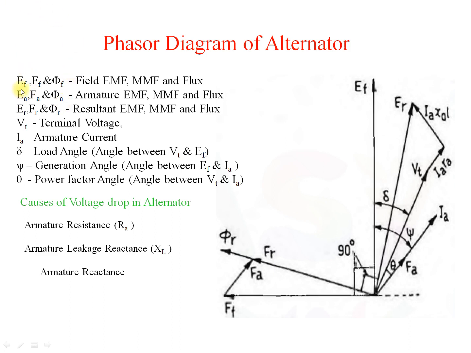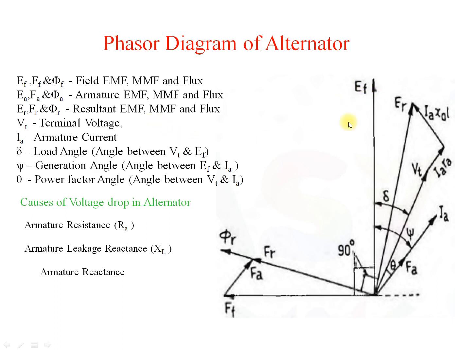Before going to the phasor diagram, we need to first define the field EMF, MMF and flux, the armature EMF, MMF and flux, and the resultant EMF, MMF and flux. So in the alternator we may have two types of fluxes. One is the armature flux and another one is the field flux.